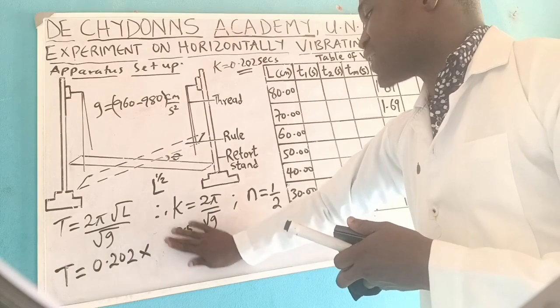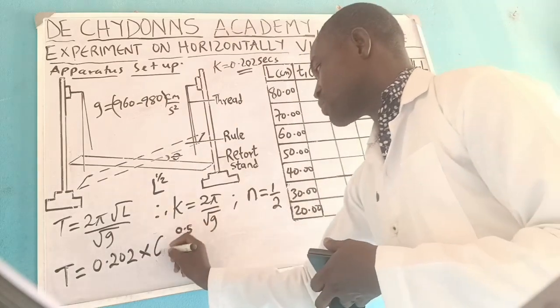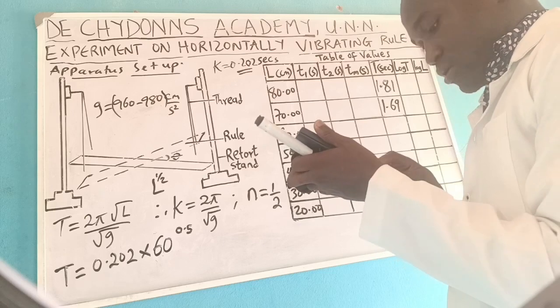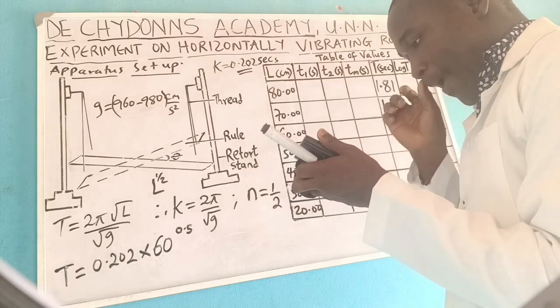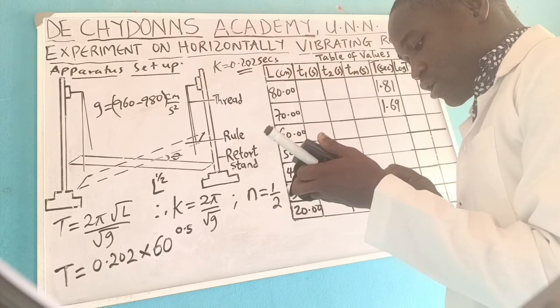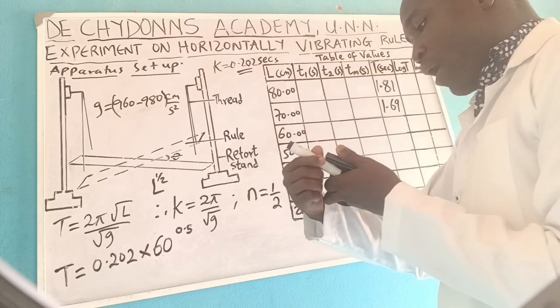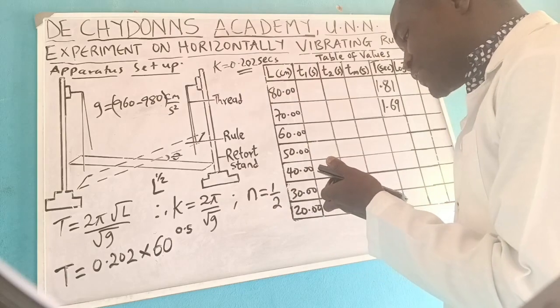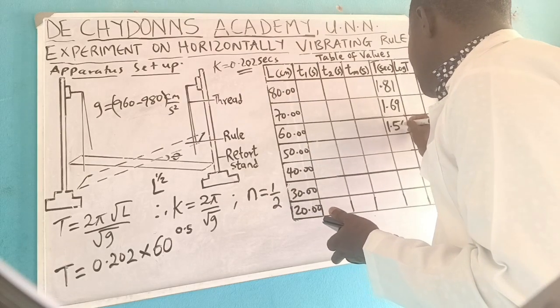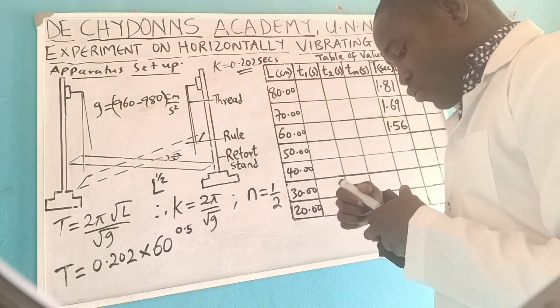Replace this with 60. 0.202 times 60 raised to the power of 0.5. 1.56. We go again.